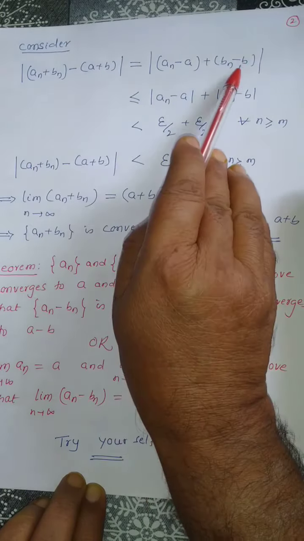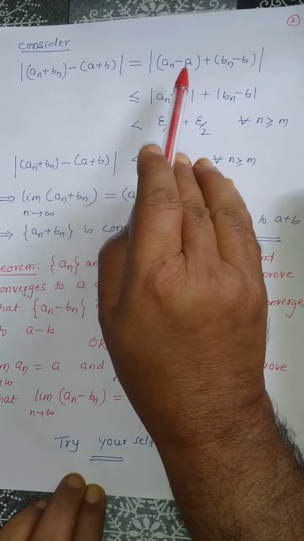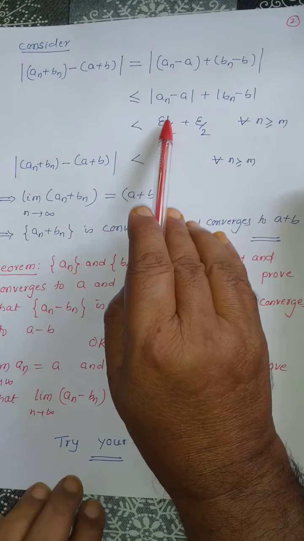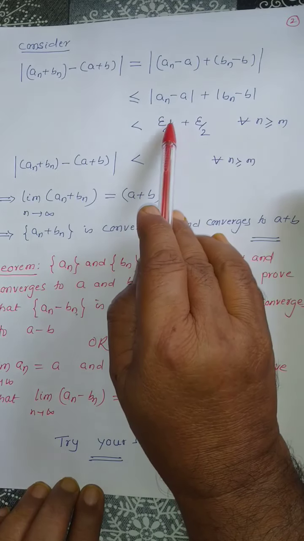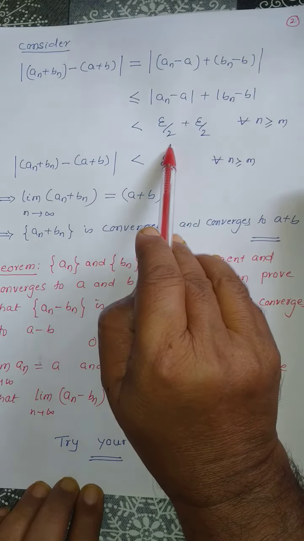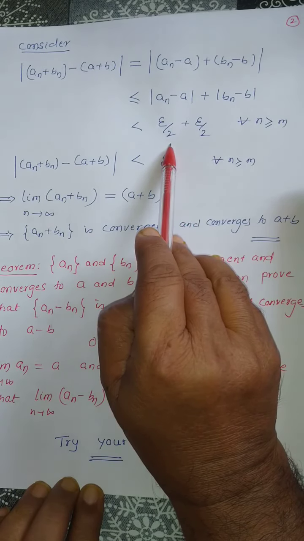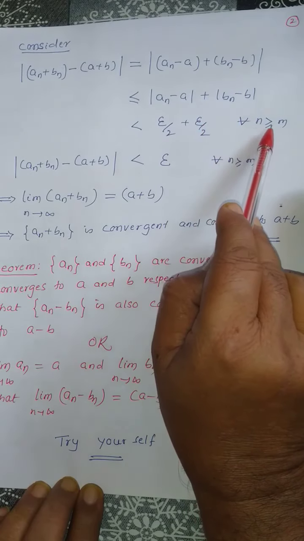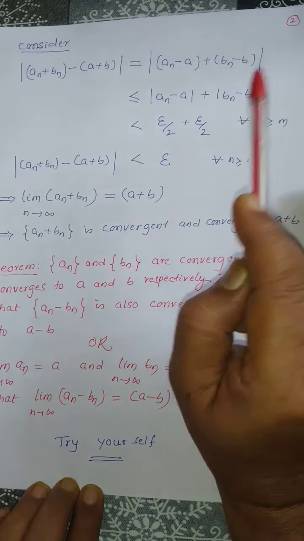Split this, then the modulus is less than or equal to the modulus of an minus a plus the modulus of bn minus b. By the definition of an, the first is less than epsilon by 2, equation number 1, and bn minus b is also less than epsilon by 2 for all n greater than or equal to m, the maximum of n1 and n2.